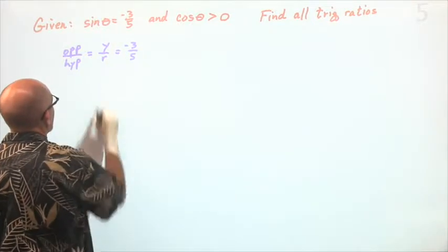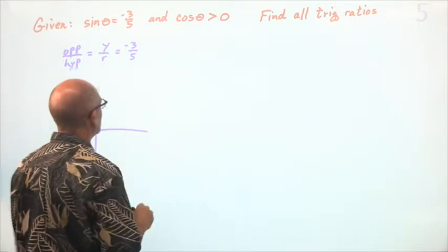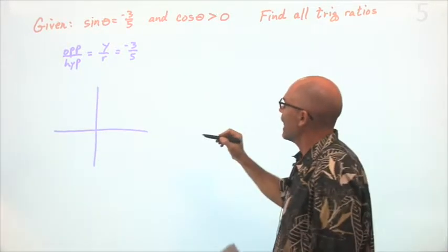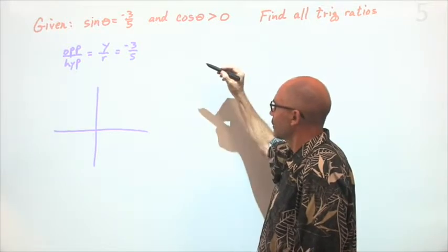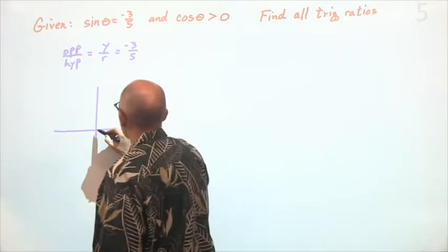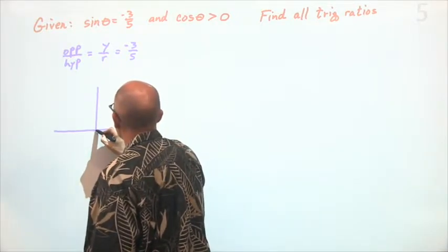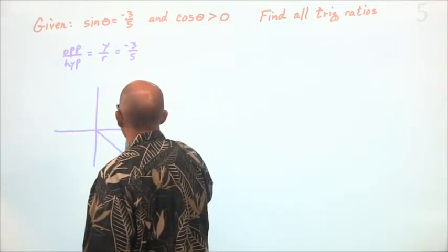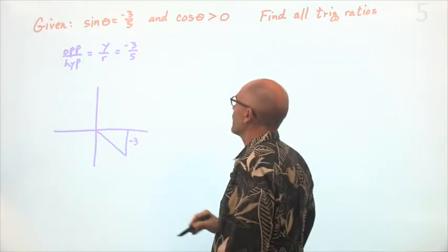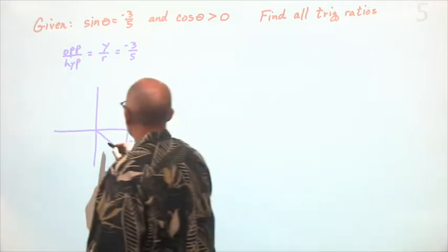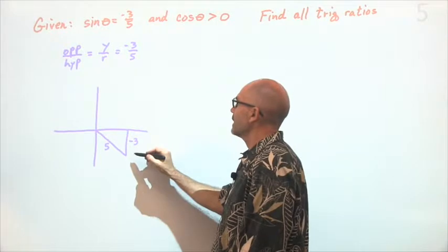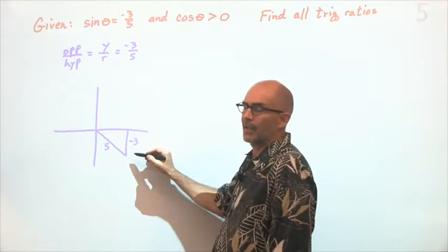So what I do is I construct an angle where the opposite side is negative 3 and the hypotenuse is 5. So that means I'm going down 3 because it's negative 3/5, and my radius is 5, my opposite is negative 3.